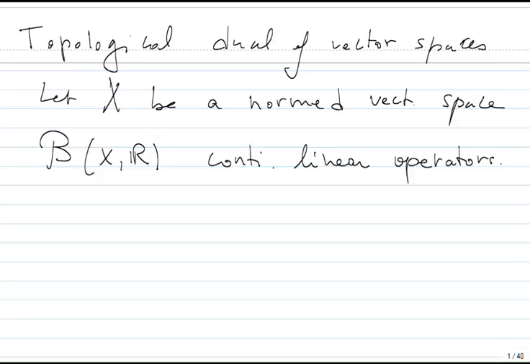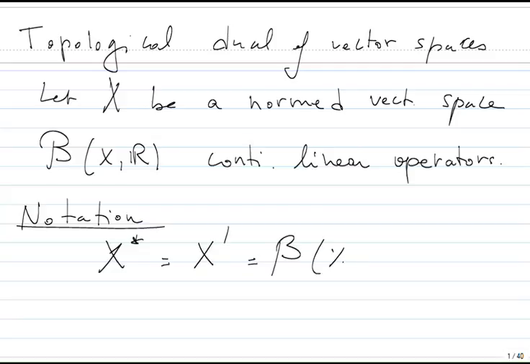We have a notation. This Banach space will be denoted X star or X prime. Okay? And it is a Banach space, and we have the operator norm.